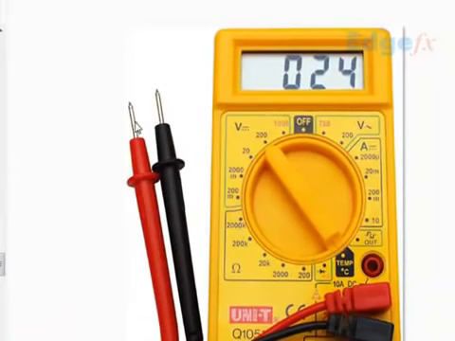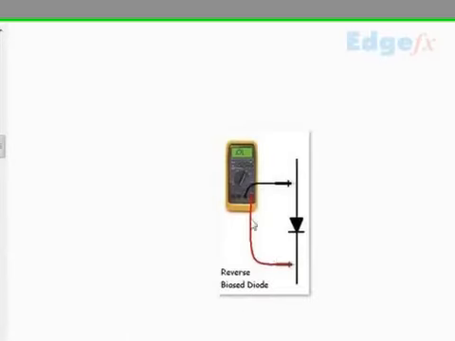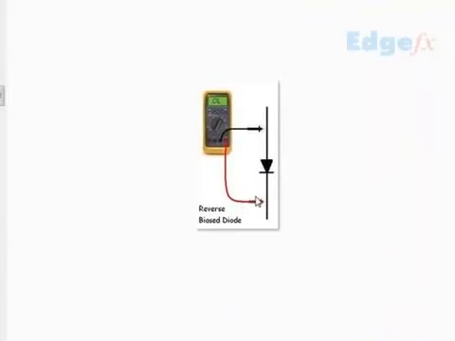How? The red one and the black one. The red one should go to the cathode point of the diode, just the reverse way that we check for a diode. Try to understand. The red one will go to cathode like this, the red one to cathode and black one to the anode.